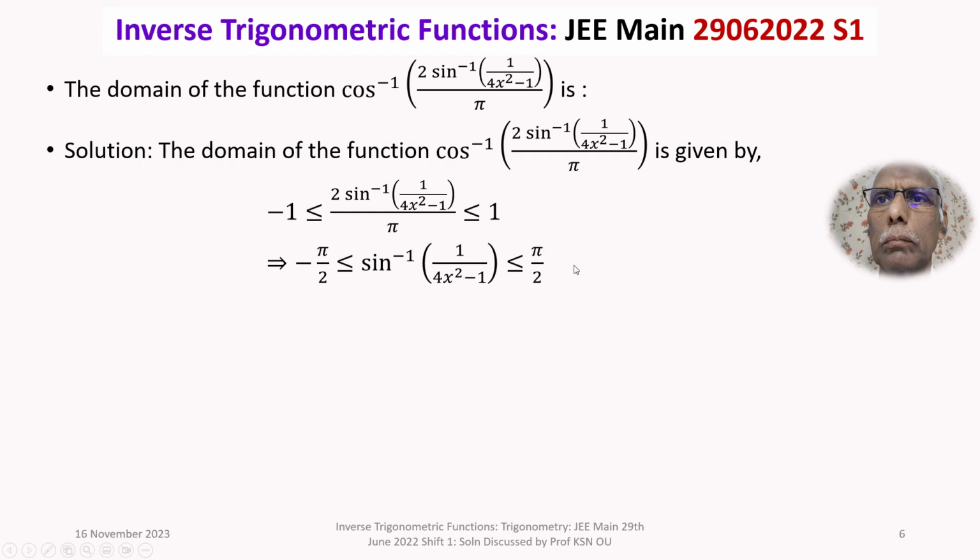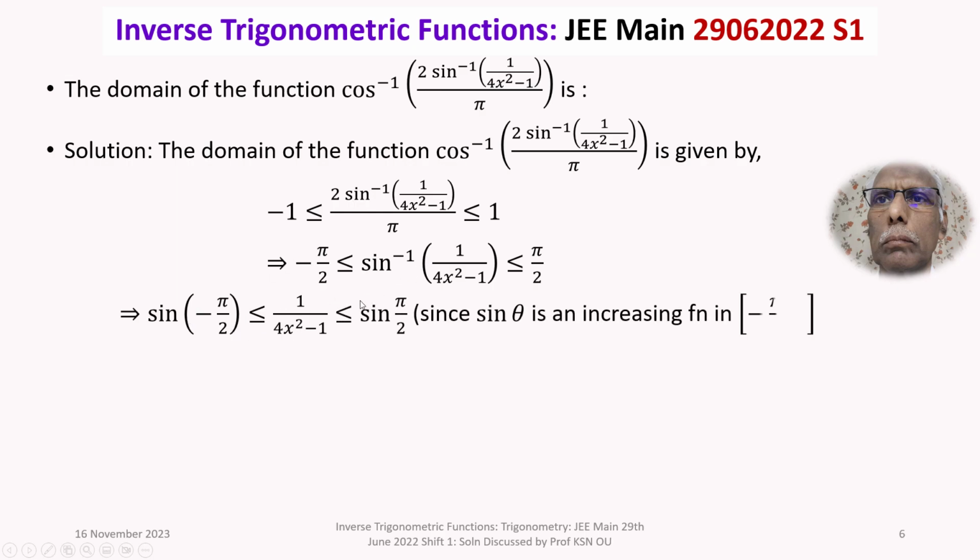Now, since a sine function is an increasing function in the interval minus pi by 2 to plus pi by 2, we take sine throughout the inequality. That is sine of minus pi by 2 less than or equal to 1 by 4x square minus 1 less than or equal to sine pi by 2, because sine theta is an increasing function in the closed and bounded interval minus pi by 2 to plus pi by 2.